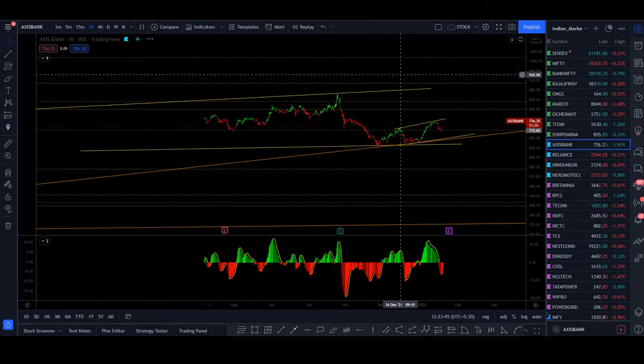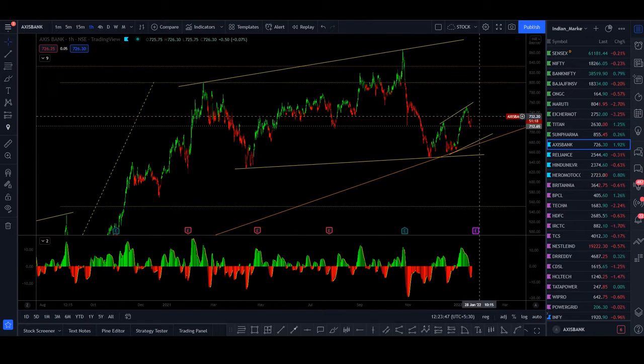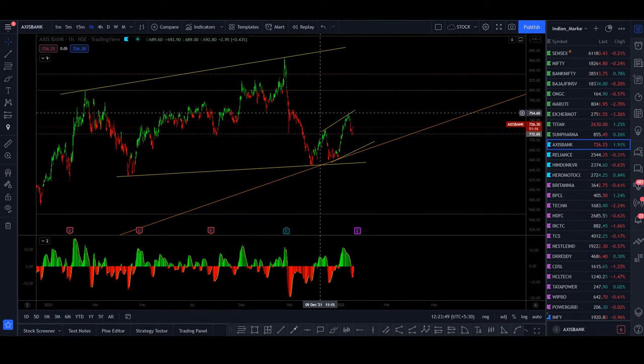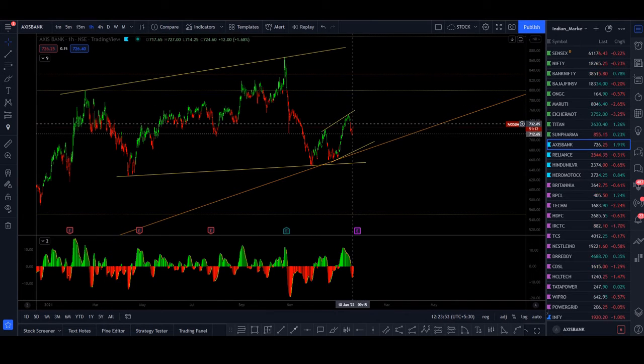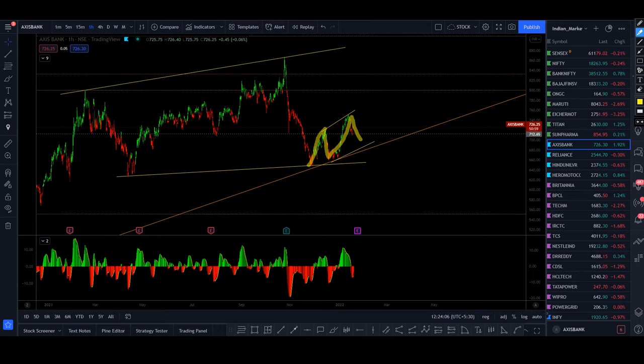Let's go to an hourly. So where we are in hourly, same thing, you have completed this pattern, and now we are in upward time frame, and you can see this is an impulse followed by correction, then it has gone up for consolidation, and I'm expecting another correction before it starts.